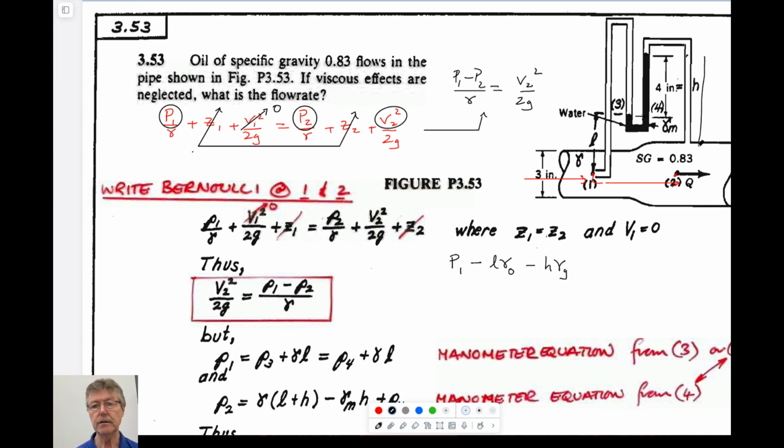And then we go down this amount here. This amount here is H plus L by this definition. So we add H plus L multiplied through by gamma oil, and that equals P2. Should have probably done it the other way.